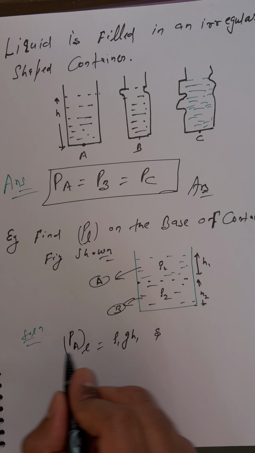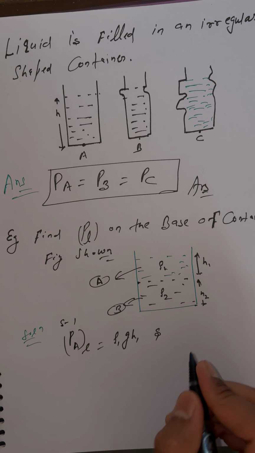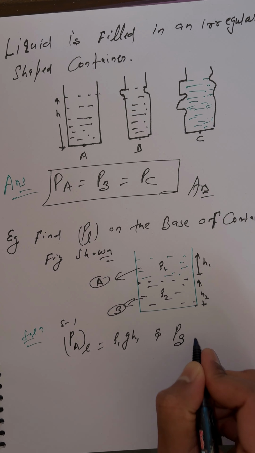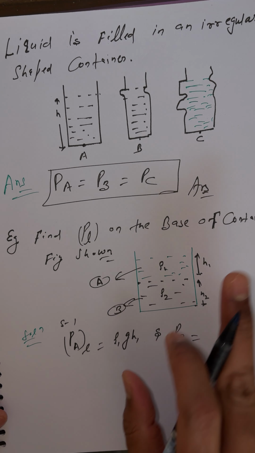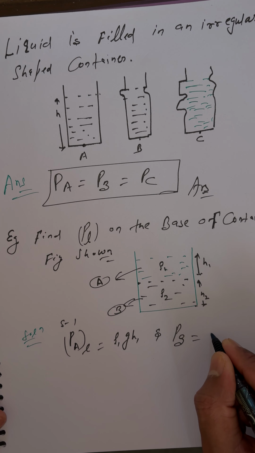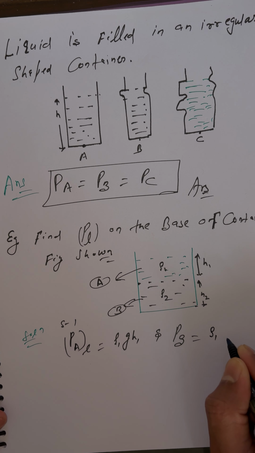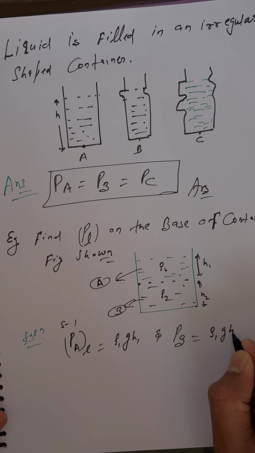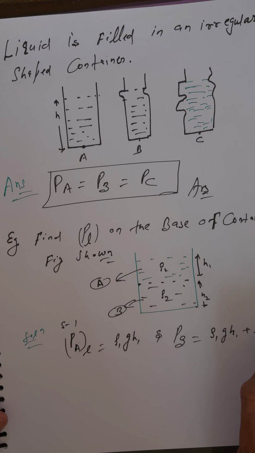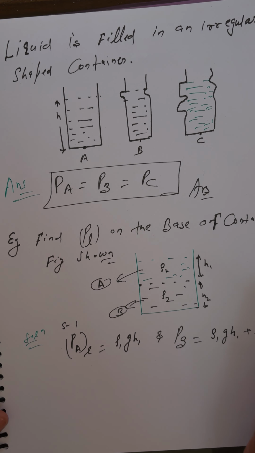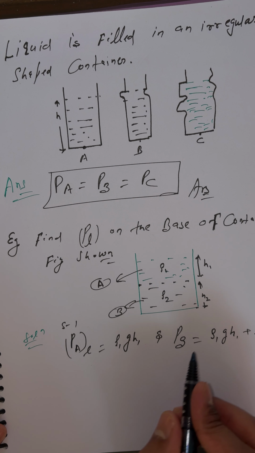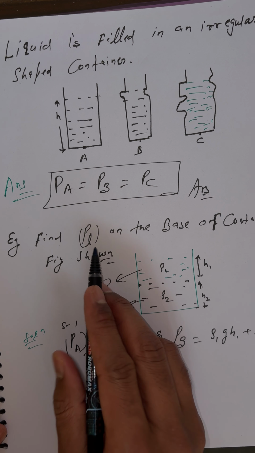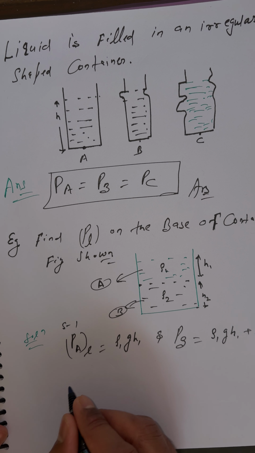Now students, in step 1, what is the pressure at B? At B, we'll realize both of these. So you can say rho 1 g H1 plus rho 2 g H2. Right. So I guess you wanted to find the net pressure on the base of the container.